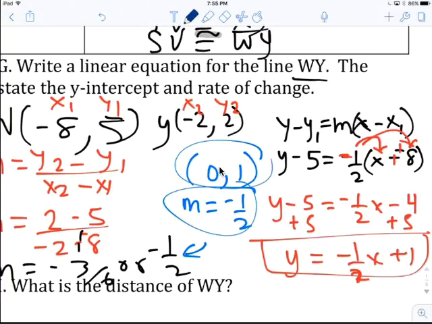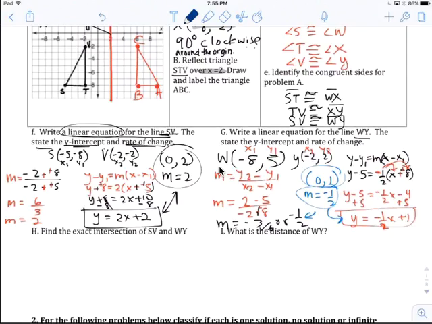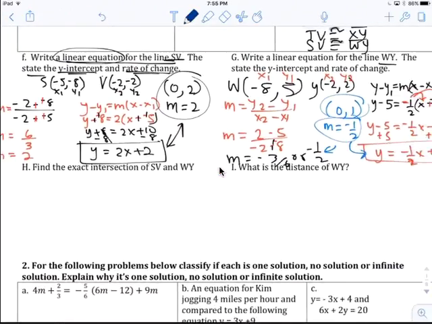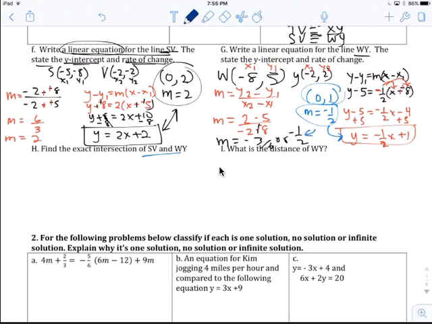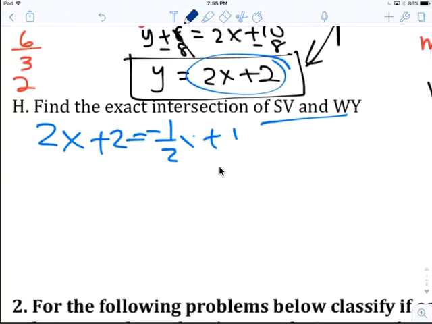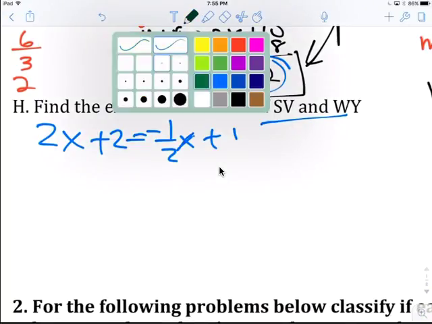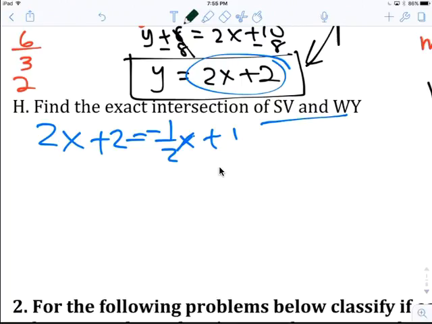Okay, but I'm looking for both that you can identify from here, too. The exact intersection of the two lines, of these two things, we make it equal: 2x plus 2 equals negative 1/2 x plus 1. Multiply all of it by 2 to get rid of the fraction.